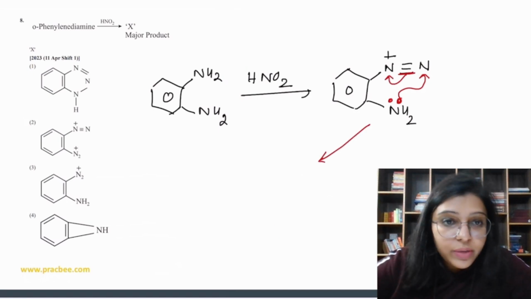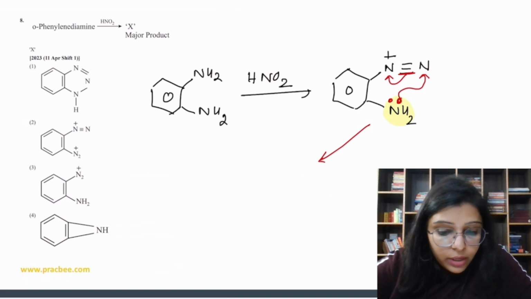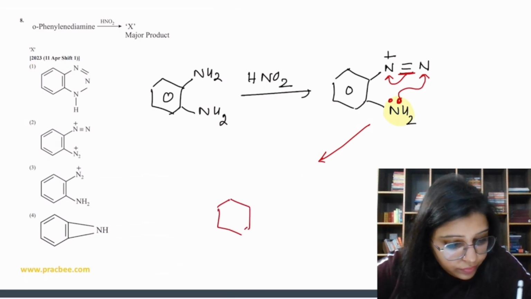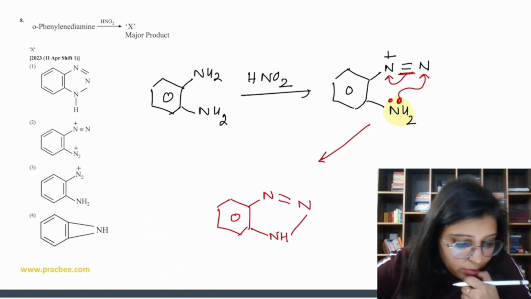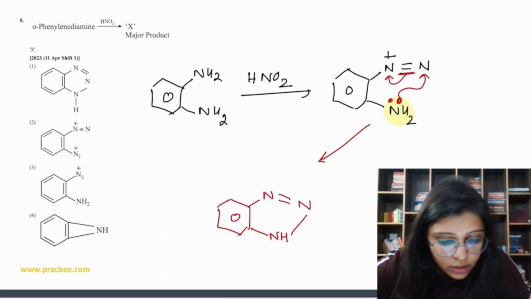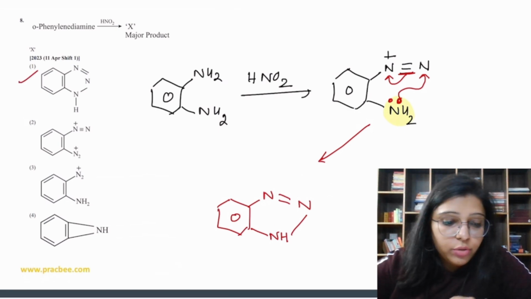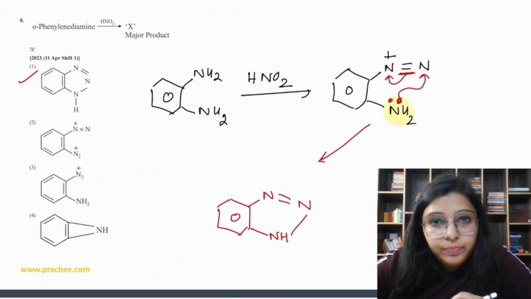Intramolecular attack is always faster than intermolecular attack, so this NH2 cannot be converted to N2 positive. So we get N double bond N, here we write NH2, and further loss of H plus is going to happen, so we get NH. So option 1 is going to be the correct answer. Clear?